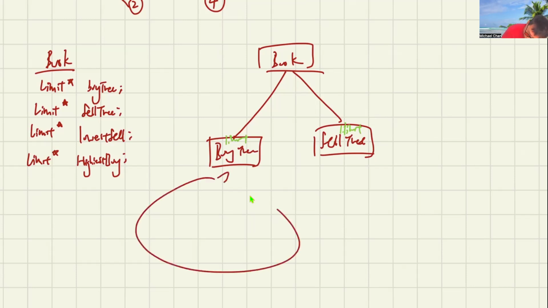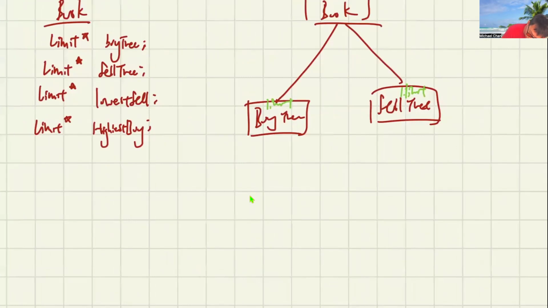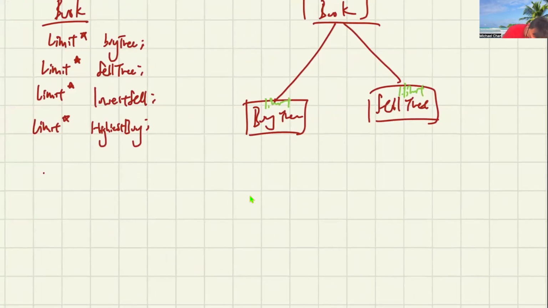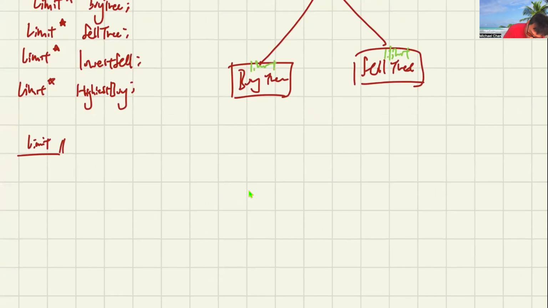So if you look in here, what is the buy tree? The buy tree is of limit. And then what limit is representing a single limit price. So buy tree is the root of a bunch of limit prices, right?